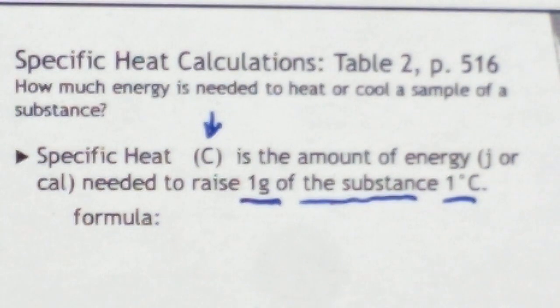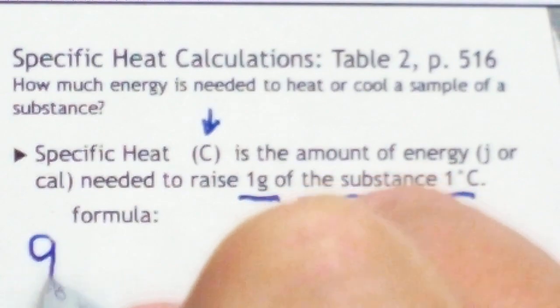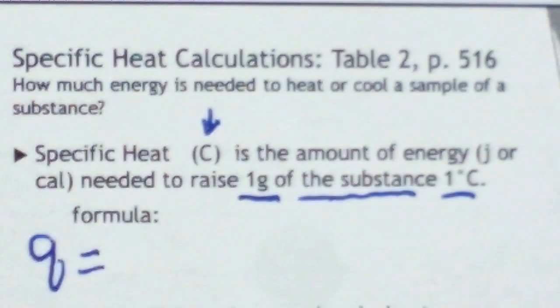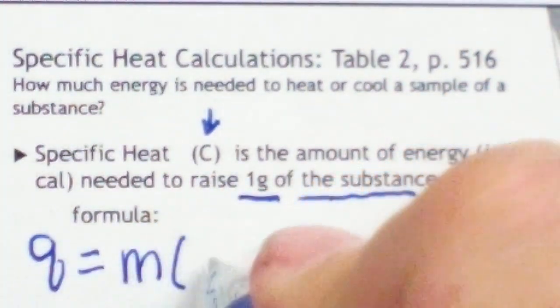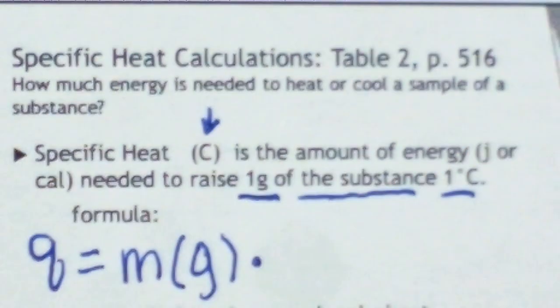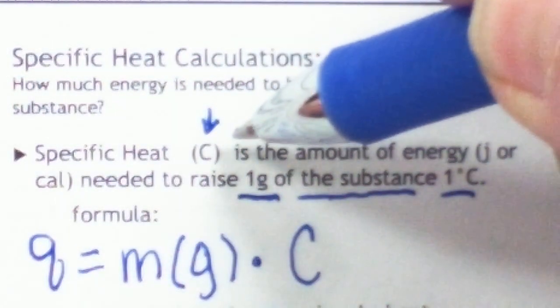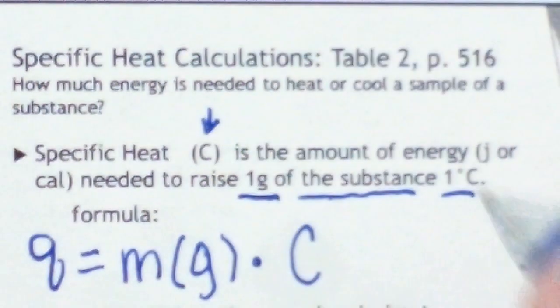All right, next. There's a formula that we use for these. It's called the MCAT formula, all right? And there's a formula that we use for all of these calculations. So here it is. Q equals the mass in grams times C, and there's C right here, the specific heat, all right?